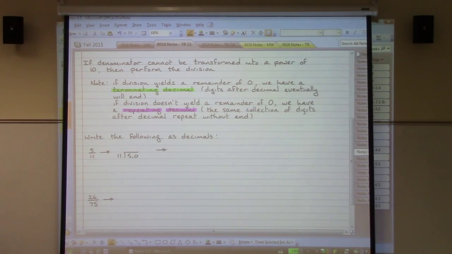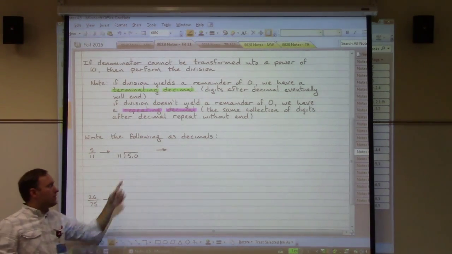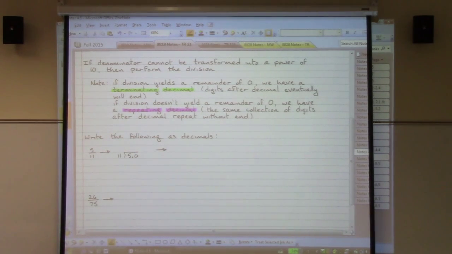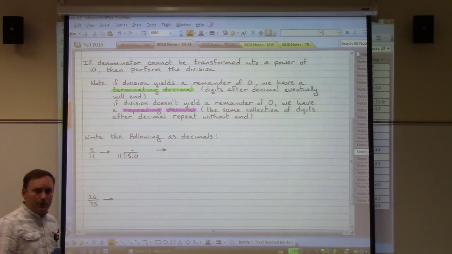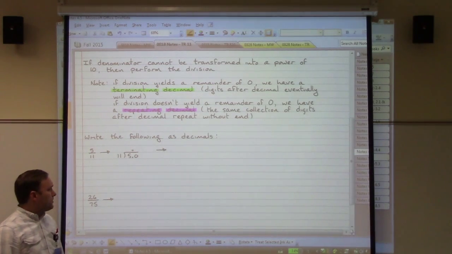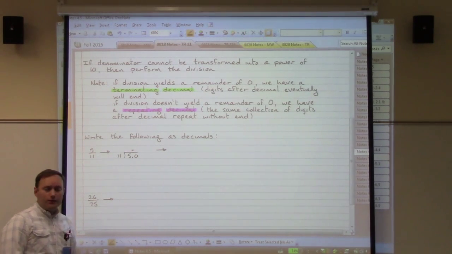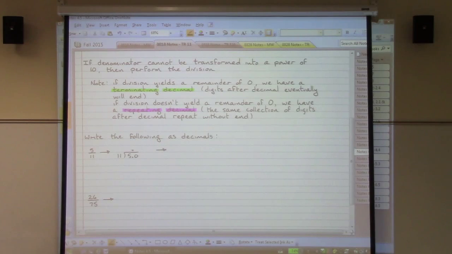This gives me enough to work with to get started. Before I actually get into the division questions, I have a decimal in the house, so I raise the roof. Now I go ahead and ignore those decimal points and start working through my division questions and add extra zeros as the case may be. 11 goes into 50 4 times.